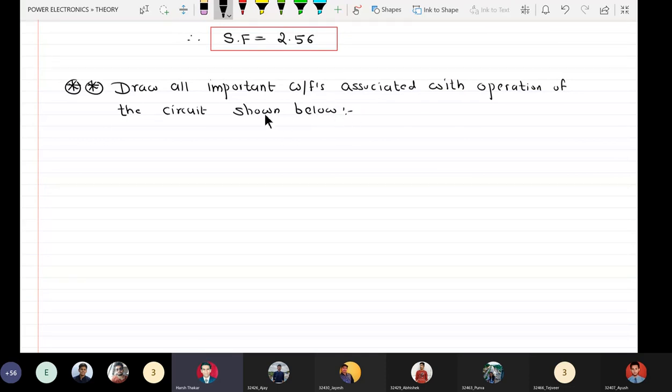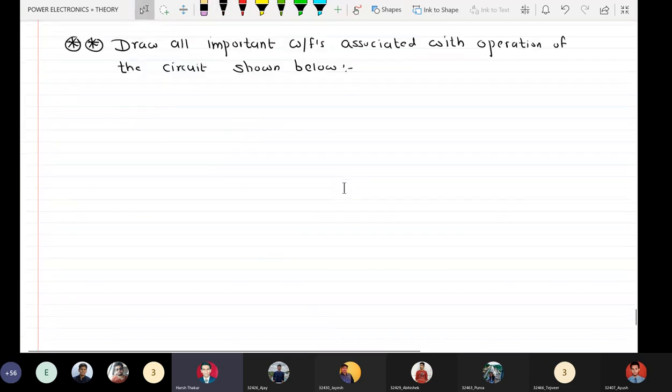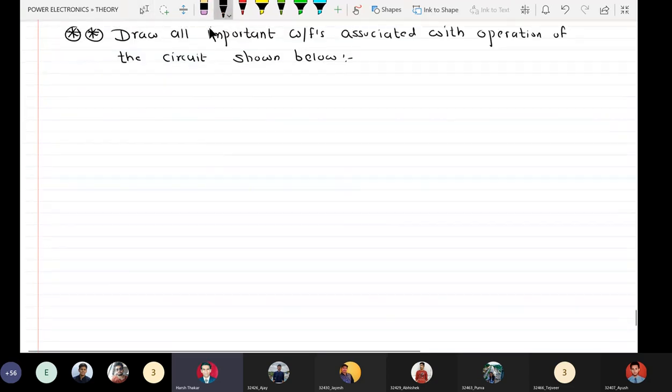Okay, so draw all important waveforms associated with the operation of the circuit below. Okay, circuit is as follows.